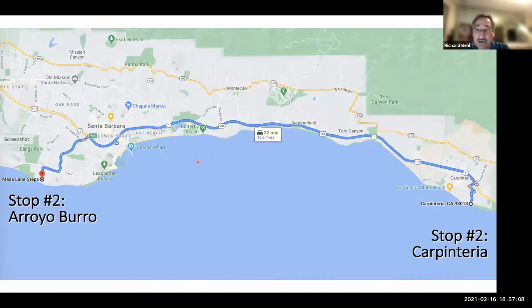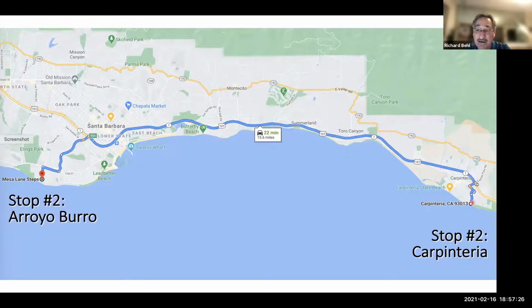So Carpinteria was a great example of very, very focused hydrocarbon migration in the damage zone along some major thrust faults, the Red Mountain Fault, the Carpinteria Fault, the Rincon Creek Fault in Carpinteria.